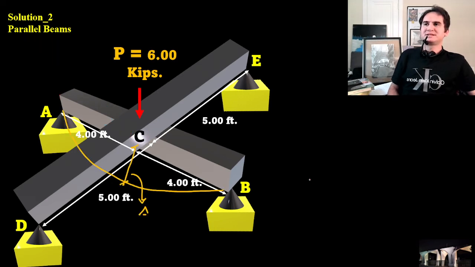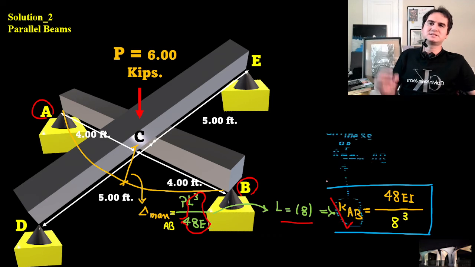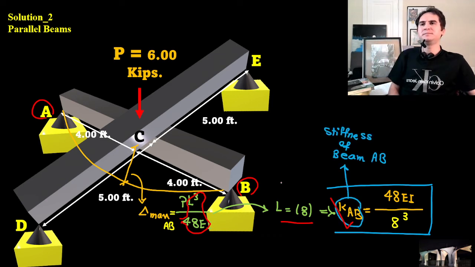So let's see what the stiffness is. Considering beam AB, delta maximum is PL cubed over 48 EI, and L is equal to 2 times 4, which is 8 feet. KAB, the stiffness of beam AB, is 48 EI over L cubed.